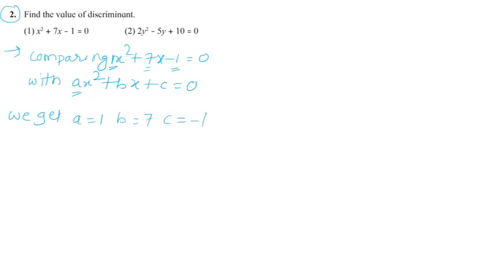To find the value of discriminant, b square minus 4ac equal to b square, that means 7 square minus 4 into value of a is 1, value of c is minus 1. 7 square 49, minus into minus plus, 4 ones are 4, 49 plus 4, 53.